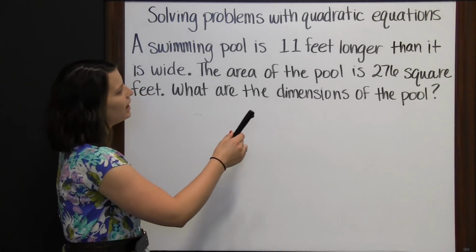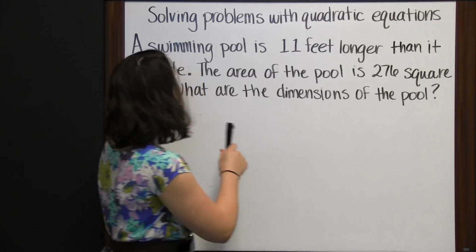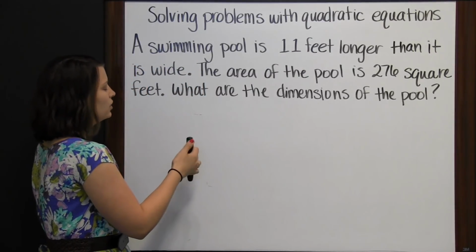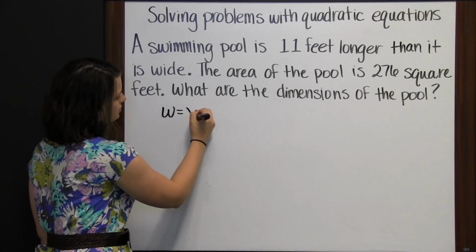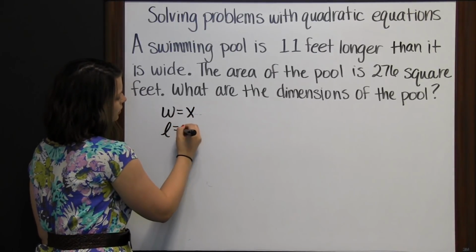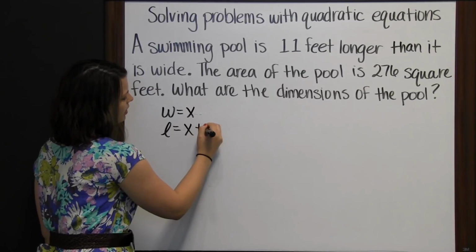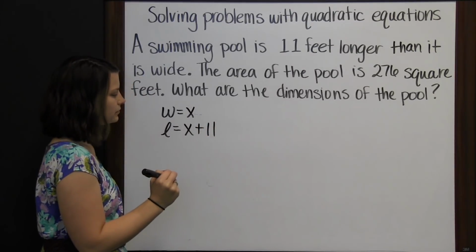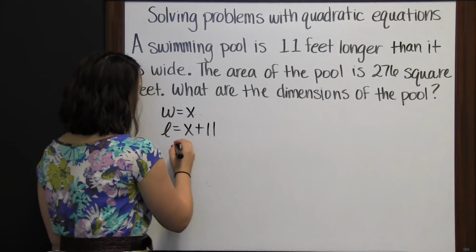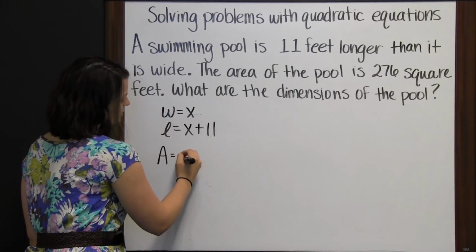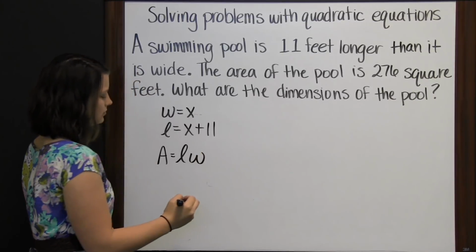First one is that the pool is 11 feet longer than it is wide. So if we said the width was x, then the length would be the width plus 11. Now to find the area of a rectangle, the area is length times width.